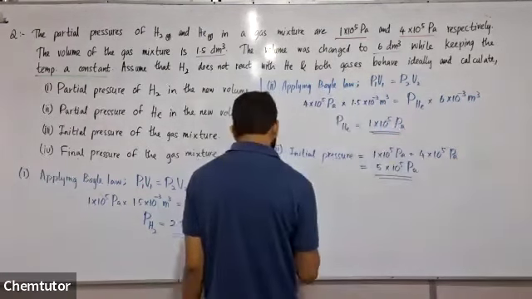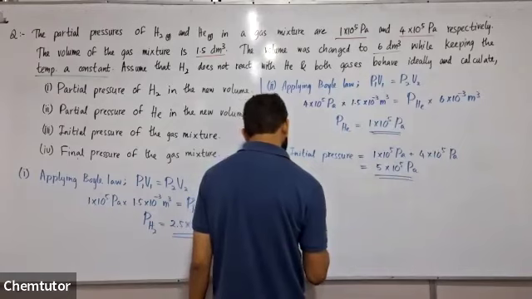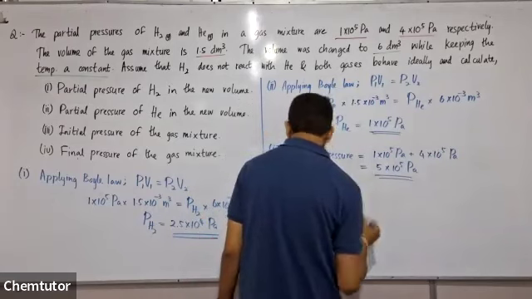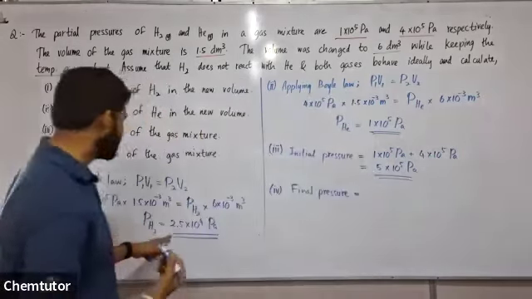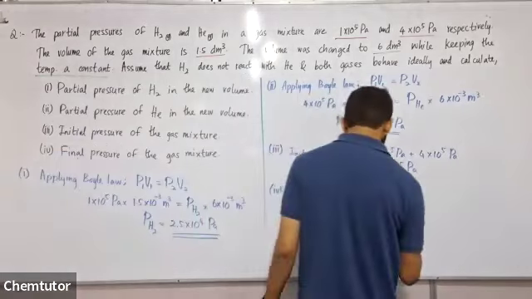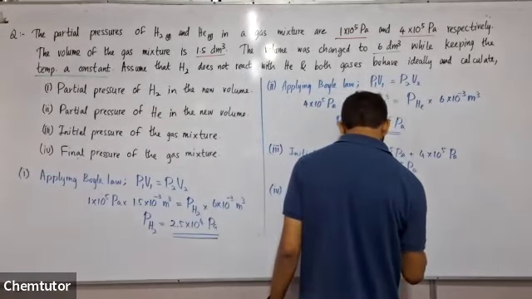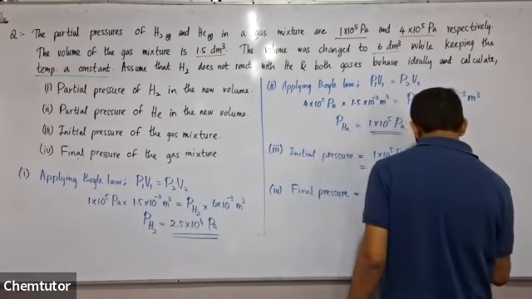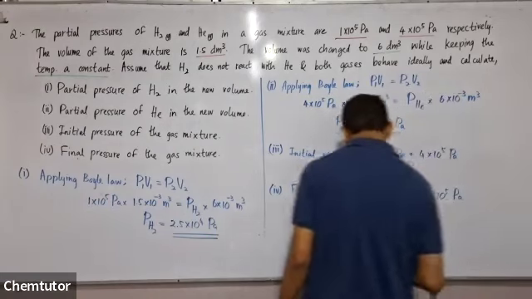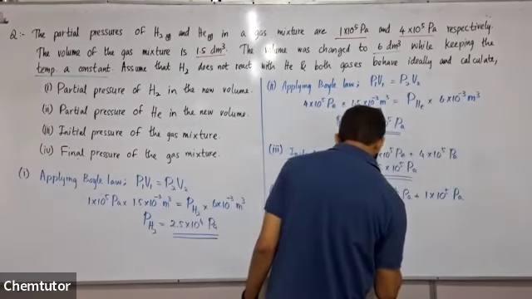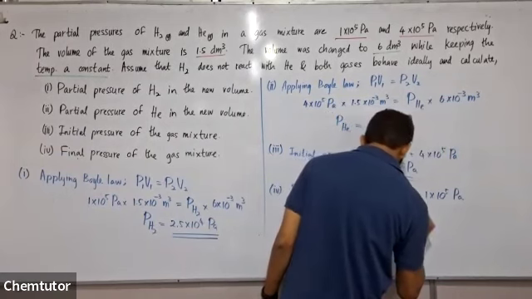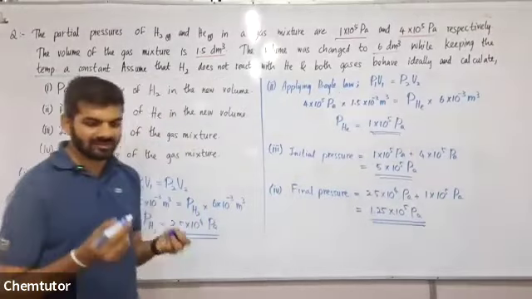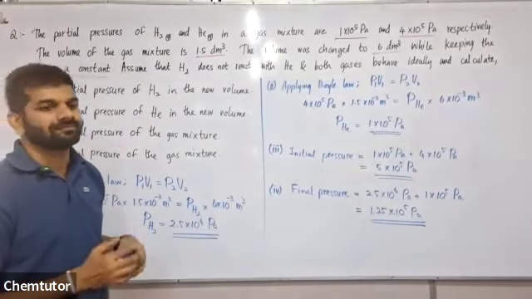Then the fourth one, we need to find the final pressure. Hydrogen is 2.5 into 10 to the power 4 and helium is 1 into 10 to the power 5. The answer will be 1.25 into 10 to the power 5. Total final pressure will be like this. Is it clear?